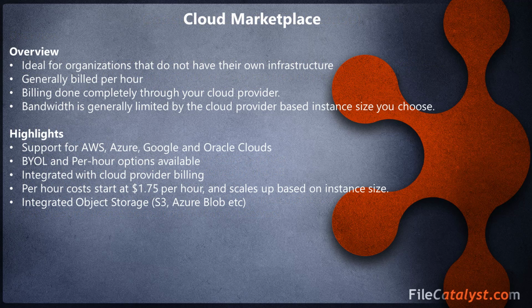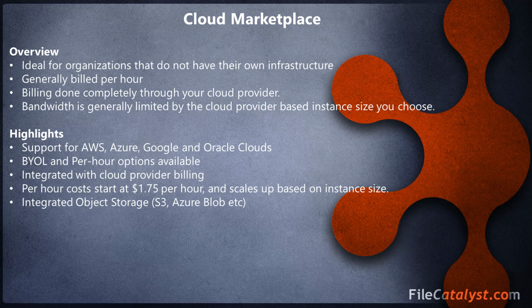Then there's the cloud marketplace. As I mentioned, we're integrated with a number of cloud vendors, AWS, Azure, Google, where you can fire up an instance of FileCatalyst, and then you just pay per hour. The per hour cost starts at as little as $2 per hour and scales up based on the size of the instance. The idea is that the bigger the instance, the faster you'll be able to send, and therefore the cost will be a bit higher.